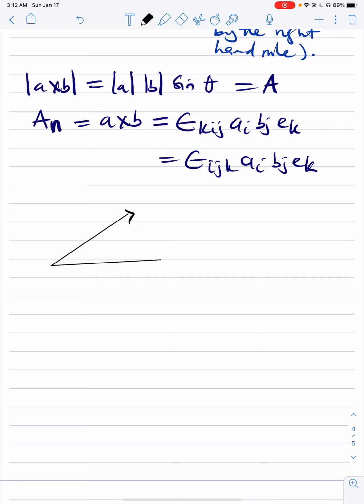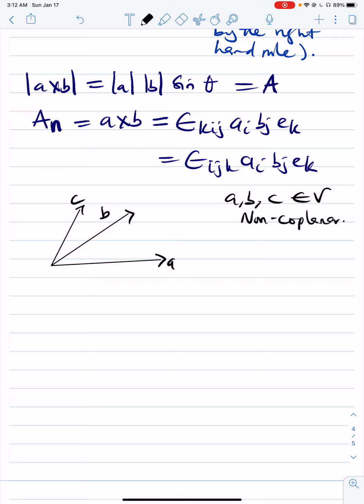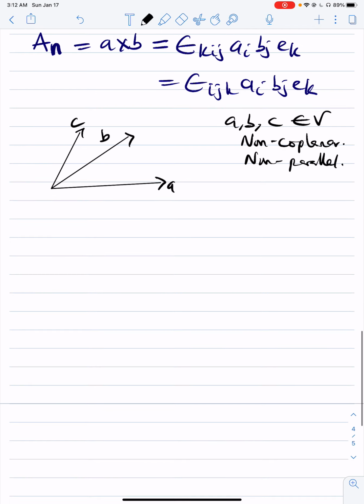Let's assume this is B. This is A. Sorry, let's assume this is C. So A, B, and C are all vectors. But one unique thing about them is that they are non-coplanar, meaning they don't lie in the same plane. Two, they are non-parallel to each other. Very important to note. Right?